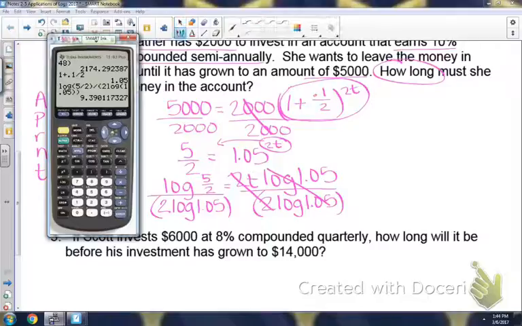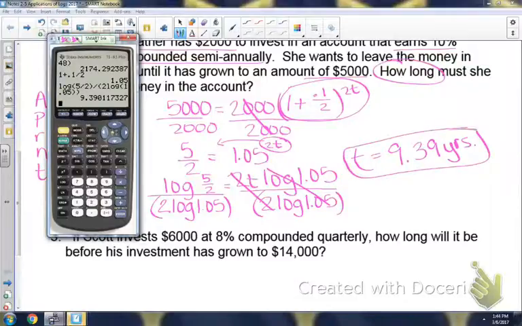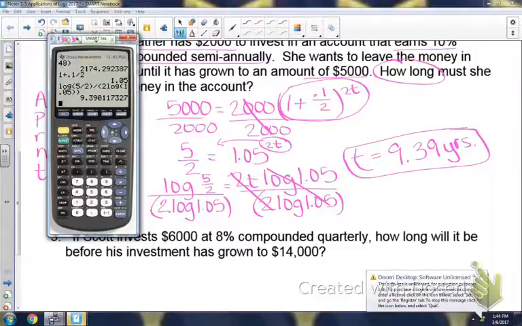So we end up getting t equals, we'll round to 3 decimal places, 9.390. We're talking about years. Okay, so the only thing different than the last time we went over this is we're having to solve for part of the exponent, which means we have to use logs.